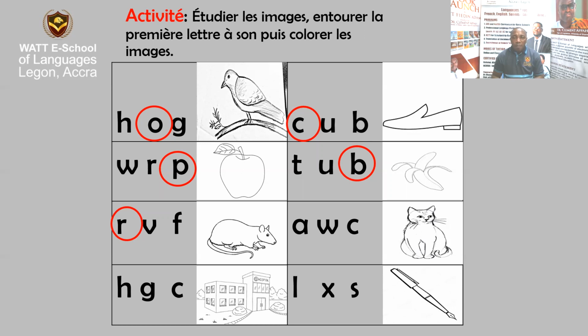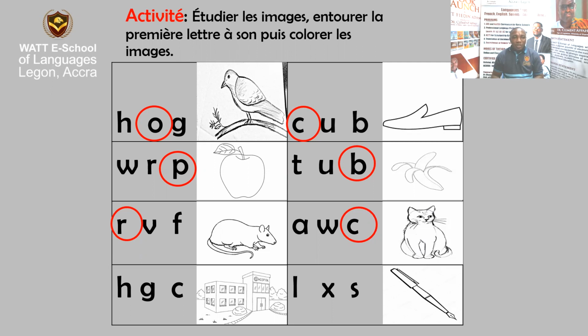The word chat begins with C. So what did they say here? This one is correct. I'm looking at who will tell me the correct answer for this. Yes. Okay, let's call Gertrude.